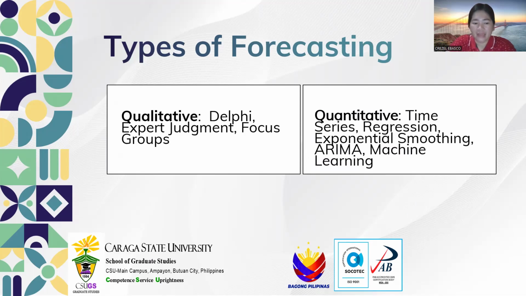On the other hand, quantitative forecasting uses statistical and mathematical models such as time series analysis, regression, exponential smoothing, ARIMA, and increasingly machine learning algorithms to predict future outcomes.